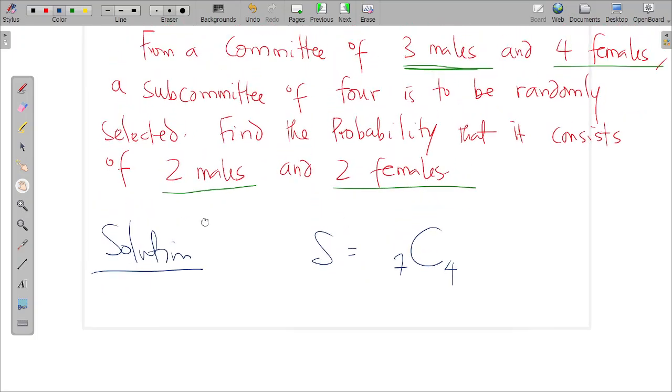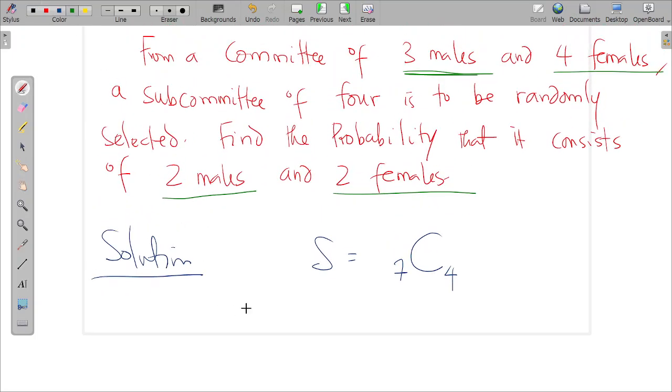Now the event of selecting 2 males and 2 females.